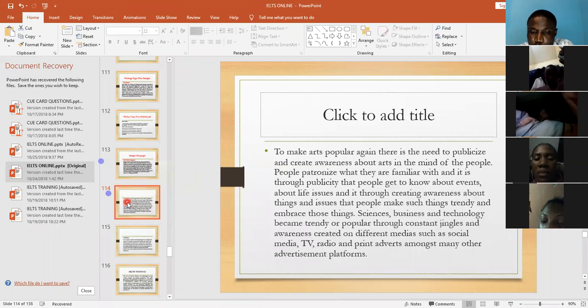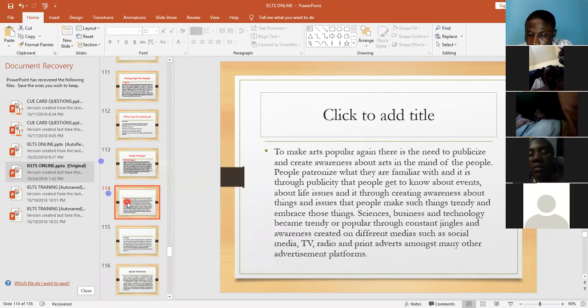But I started with to make arts popular again, there is need. If I have a second opinion, I can say another thing that can be done to make arts popular, because I've already raised an initial point. Or I can say in addition, you can transit with those.